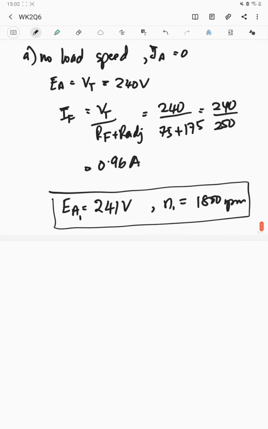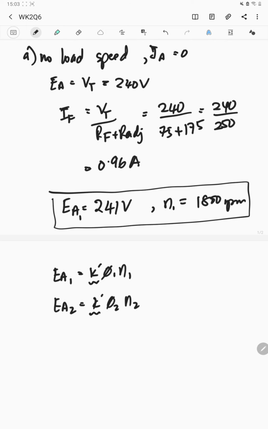So you can use this comparison by following the ratio that we talked about in the theoretical class, in which EA at one condition is equal to K prime phi 1 n1, and EA at the second condition is K prime phi 2 n2. Since we are looking at the same machine, the K is the same, and we are running at the same field current.